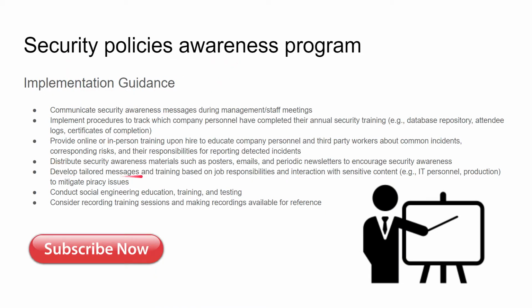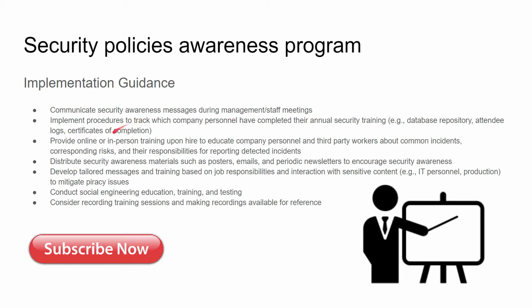You can develop tailored messages and training based on job responsibilities and interaction with sensitive content, for example IT personnel and the production team. And you should mitigate piracy issues with these persons. You should conduct social engineering education, training and testing within that security policy awareness program.